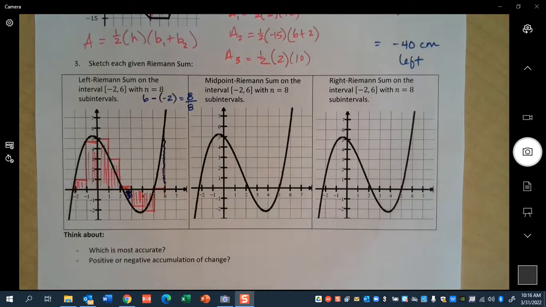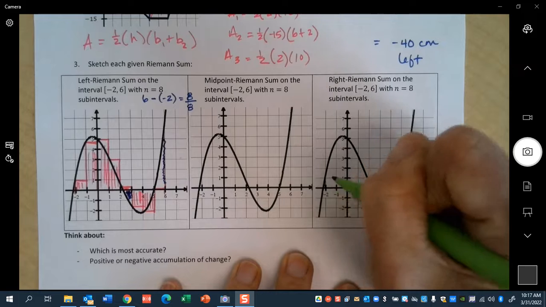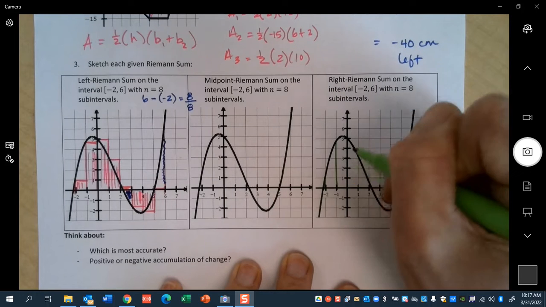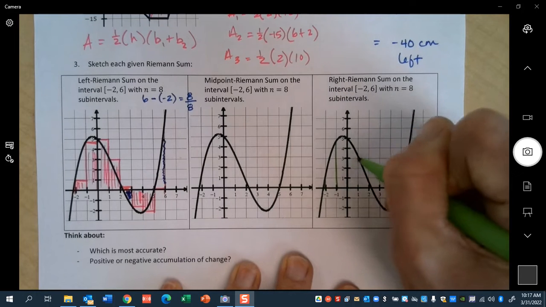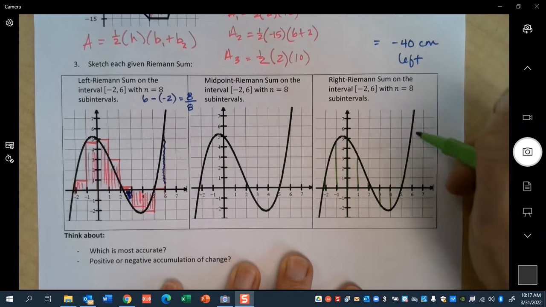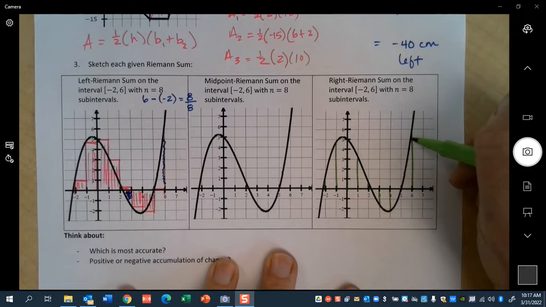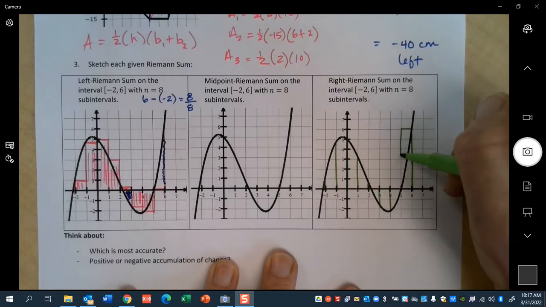So when you do your right-hand sums and your midpoint sums, the same vertical lines. So you draw your vertical lines from where your n is to where it touches the graph. For the right-hand sums, it's easier to start from the back and work my way forward.